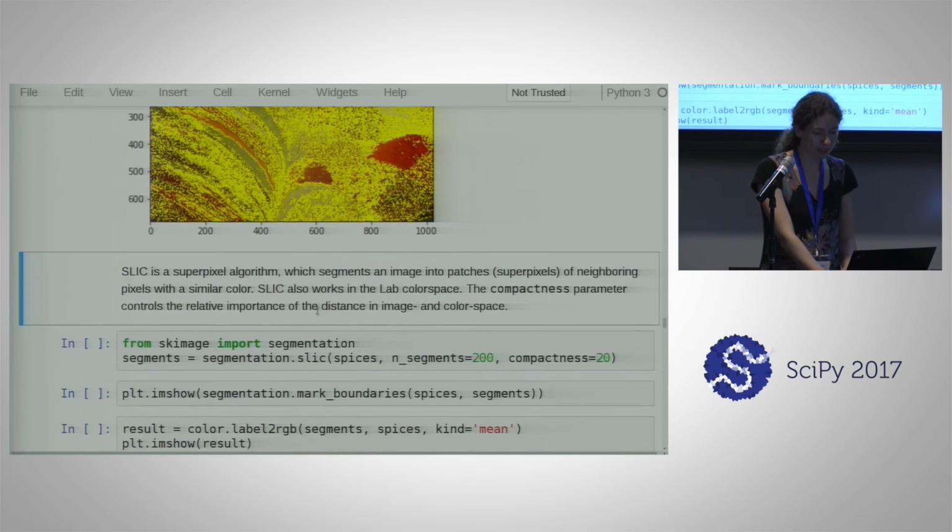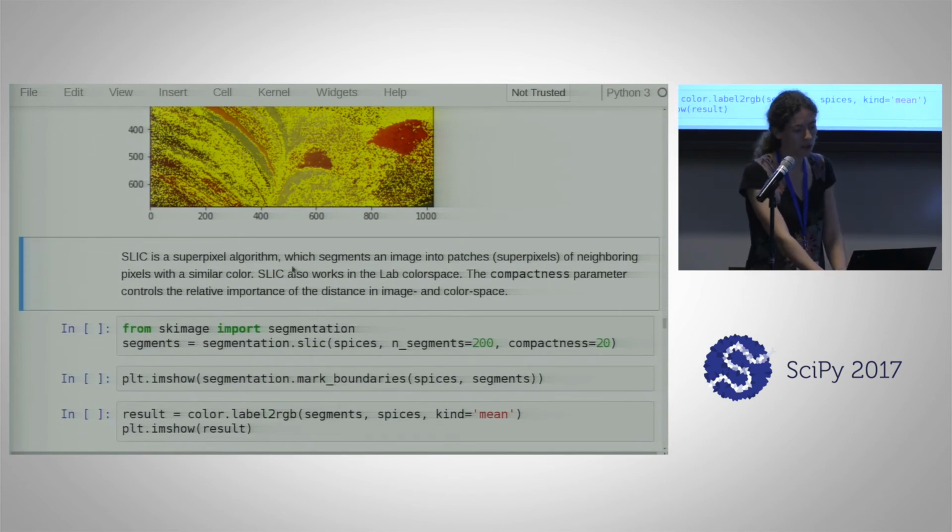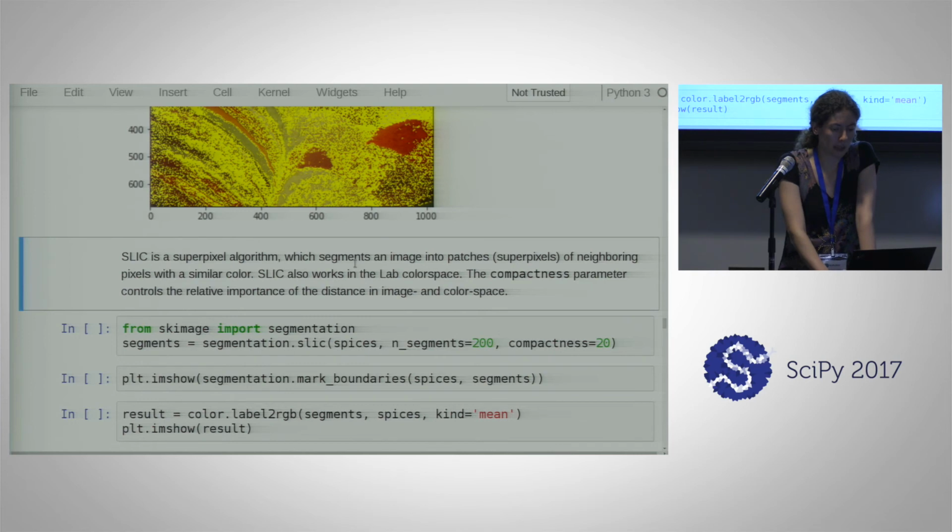And therefore, we will use the SLIC superpixel algorithm, which segments an image into patches. And these patches are called superpixels, of neighboring pixels with a similar color. And what's nice is that SLIC is also a k-means clustering algorithm, but that uses both the color information in the LAB color space plus the XY spatial information, or XYZ spatial information if you're in 3D.